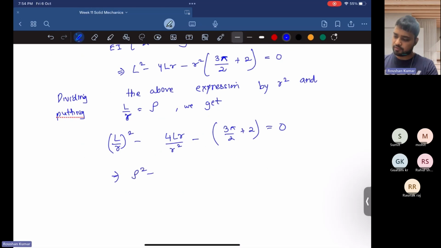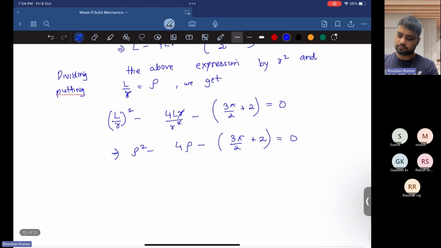So it becomes rho square minus 4 rho minus 3 pi by 2 plus 2 equal to 0.